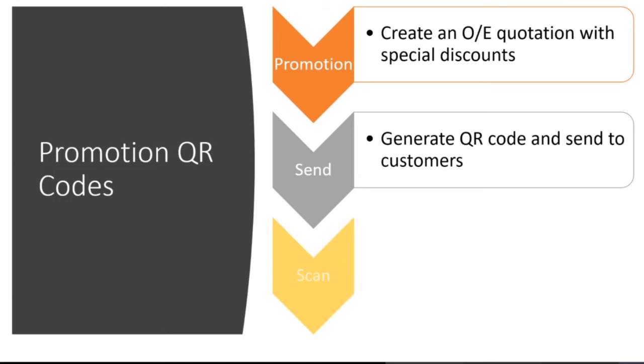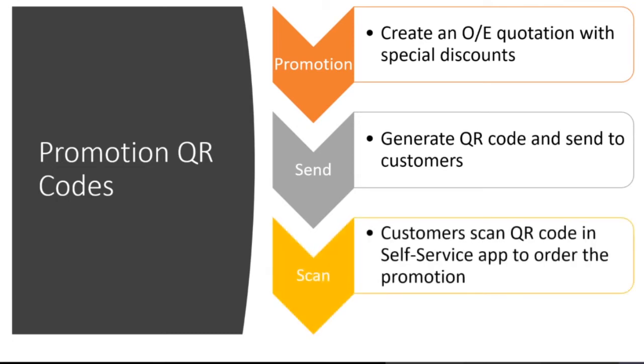And for their customers, once they get the QR code, they use the self-service app, scan the QR code, and then they can see details of the promotion and order the promotion right away.